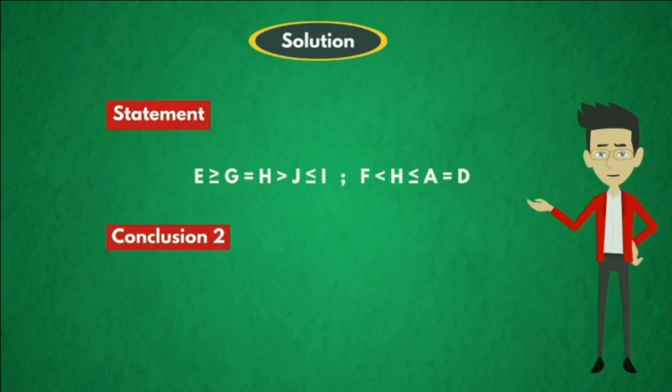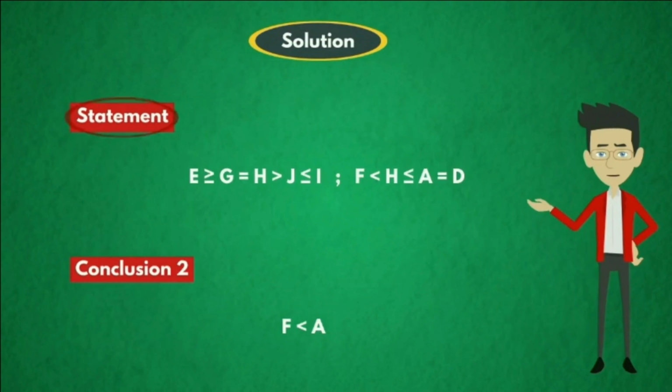Conclusion 2. F less than A. Here in the statements, we have direct relation between F and A. So here from F to A, we have less than or equal to symbols.